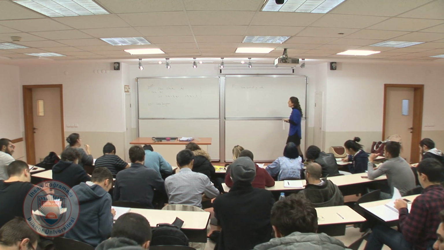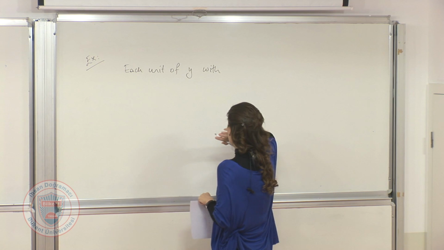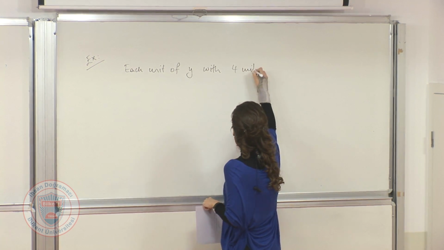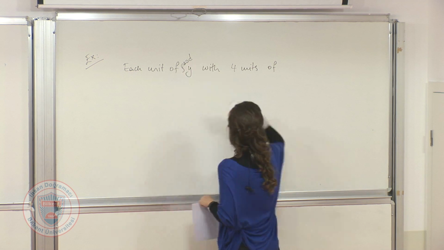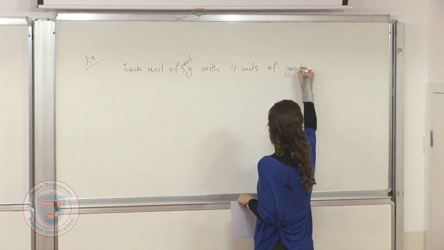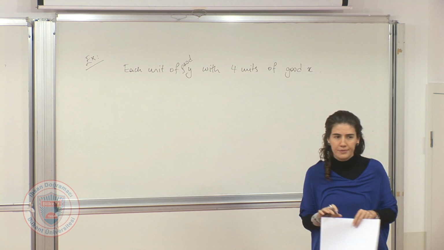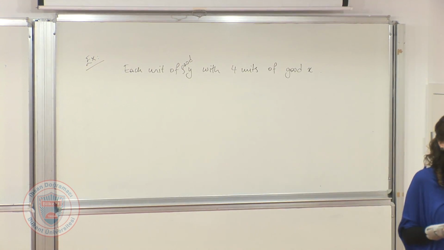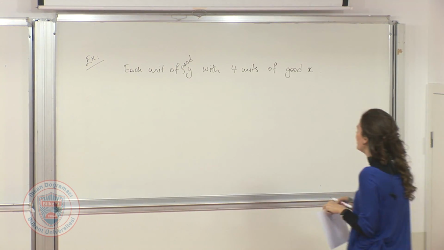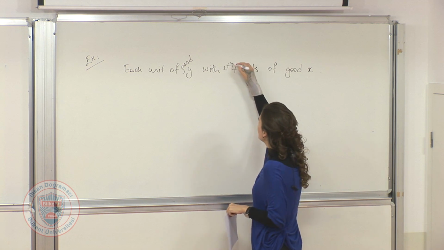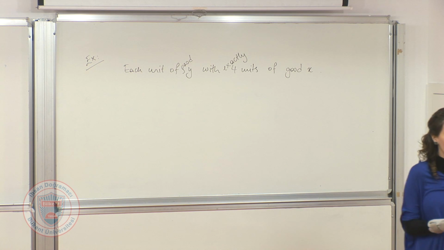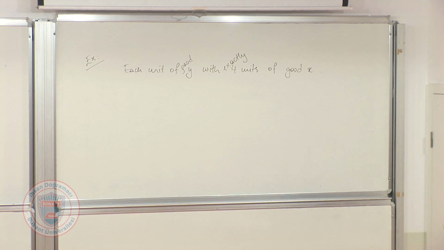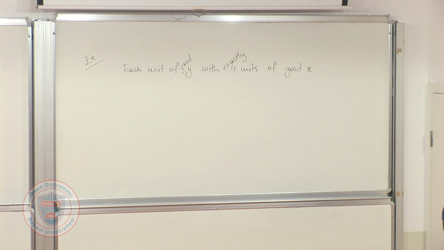Suppose you would like to consume each unit of good y with exactly 4 units of good x. Suppose you would like to consume 1 unit of y with exactly 4 units of x.